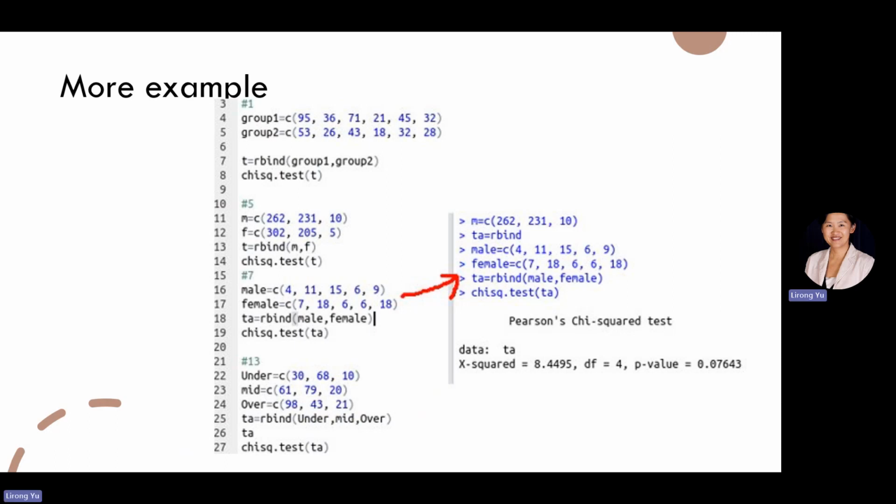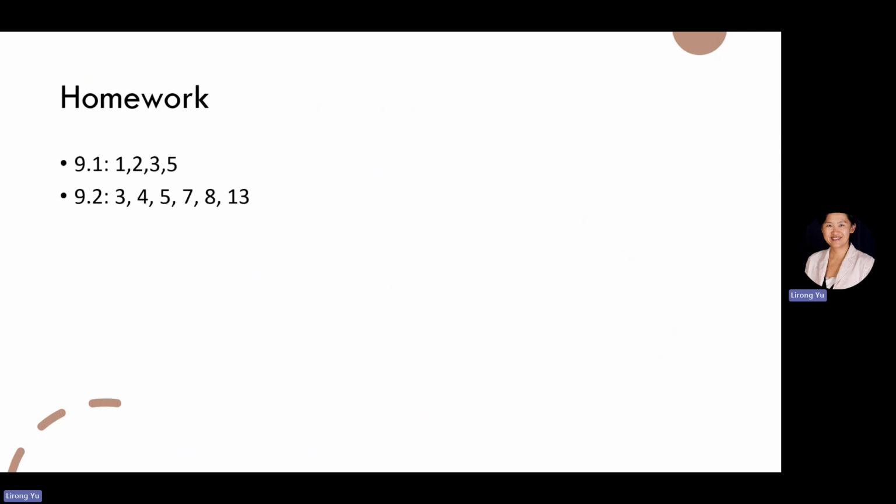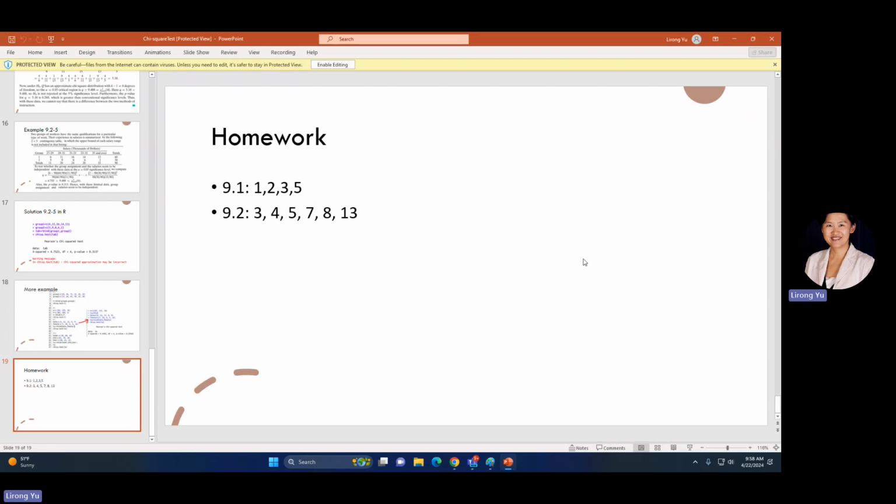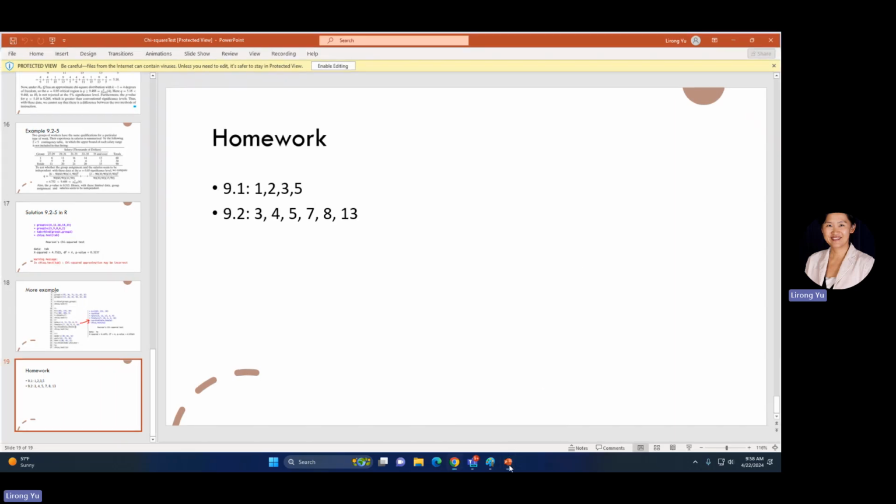All right, so the homework for 9.1, 9.2. The 9.2 covers test for homogeneity and test for independence, and 9.1 mostly covers the test for goodness of fit. Any question? All right, I think I only focused on the main part.